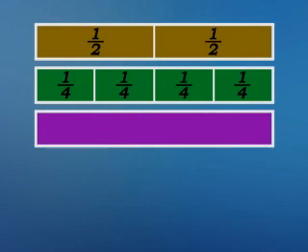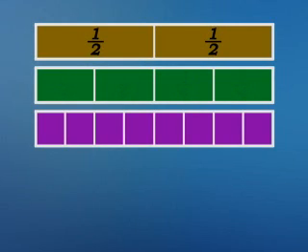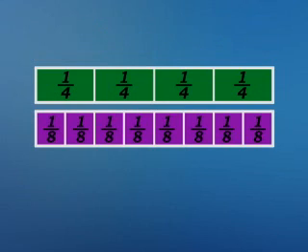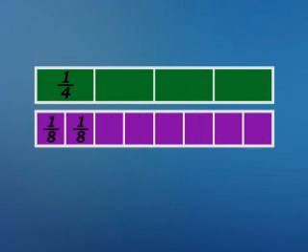Now let's divide the next block into eighths. 1, 2, 3, 4, 5, 6, 7, 8. Let's compare this block with the one that we divided into quarters. And you can see that 2/8 are the same size as 1 quarter.